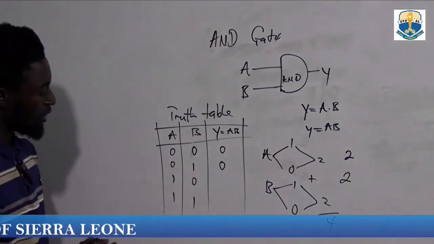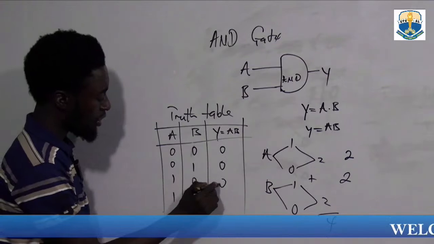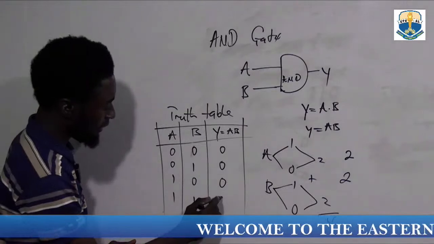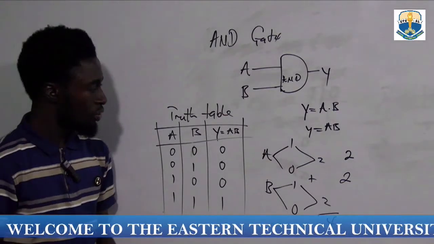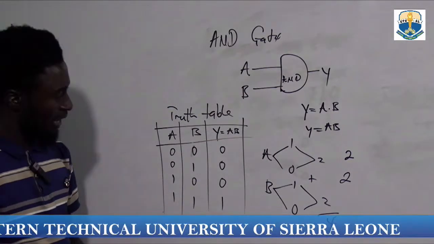And we have 1 times 0 is 0. And we have 1 times 1 is 1. So this will be our output for 2 inputs passing through the AND gate.